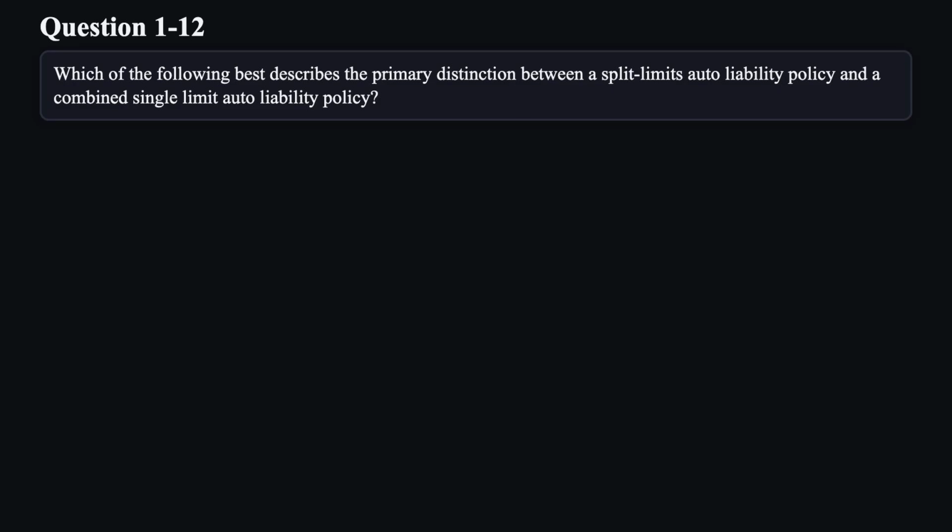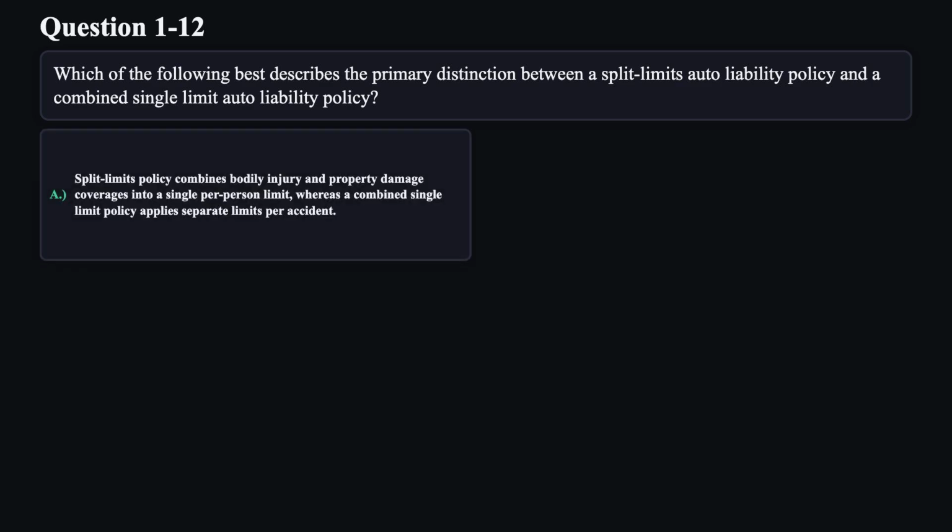Question 12. Which of the following best describes the primary distinction between a split limits auto liability policy and a combined single limit auto liability policy? A. Split limits policy combines bodily injury and property damage coverages into a single per person limit, whereas a combined single limit policy applies separate limits per accident.